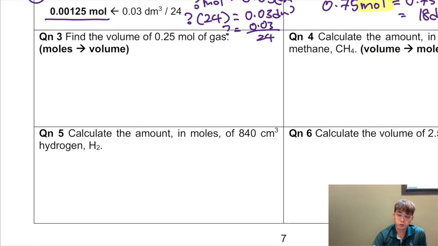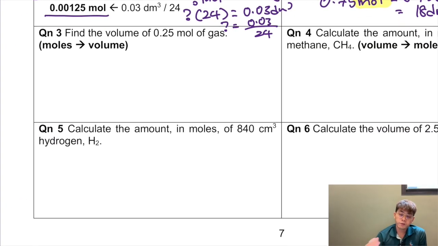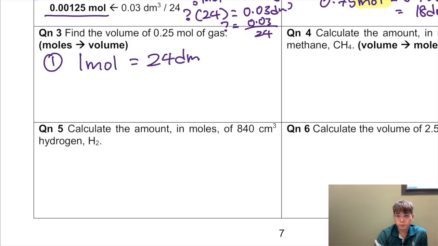Now, let's look at question number 3. Find the volume of 0.25 moles of gas. I can't even be bothered to give you what gas. Step 1, molar volume: 1 mole of any gas is equal to 24 dm cube. Step 2, I want to find 0.25 mole.